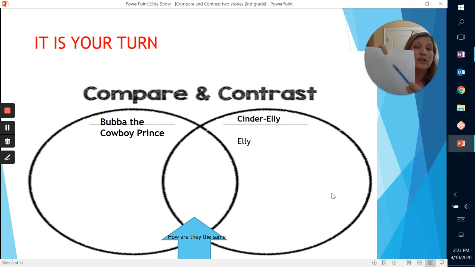And then you're going to start comparing and contrasting these two stories. And what's really neat about this is you already used that other side of your paper to write down some things that you remembered about each story.